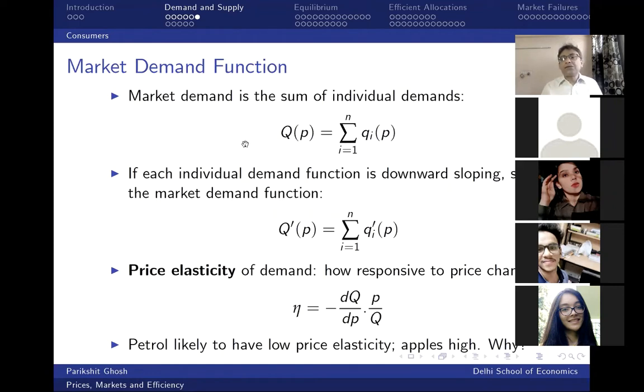Now, that is where the concept of elasticity comes in, okay? The slope of the demand curve, to some extent, captures the magnitude of the response, right? How much do they cut back? But the problem with the slope of the demand curve is that it is unit dependent.